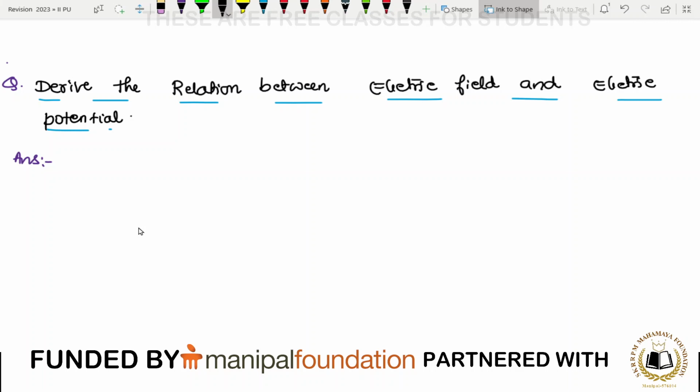Second, the work done to move a charge on an equipotential surface is zero. And the electric field is always perpendicular to the equipotential surface. And two equipotential surfaces never intersect. These are the properties of equipotential surfaces.